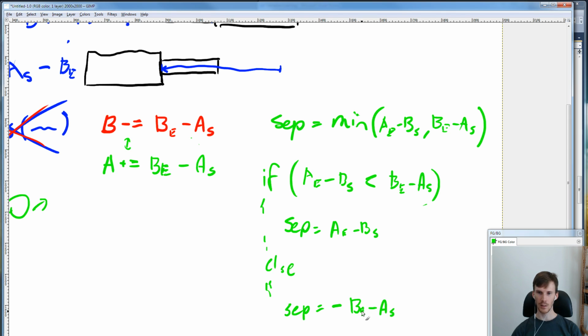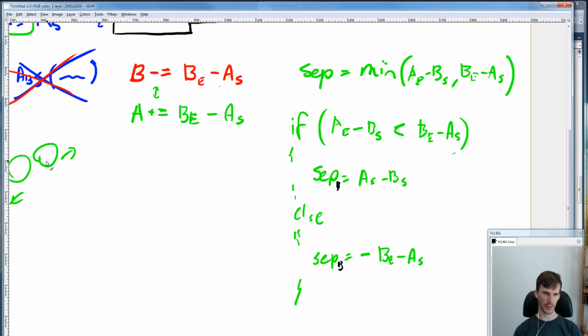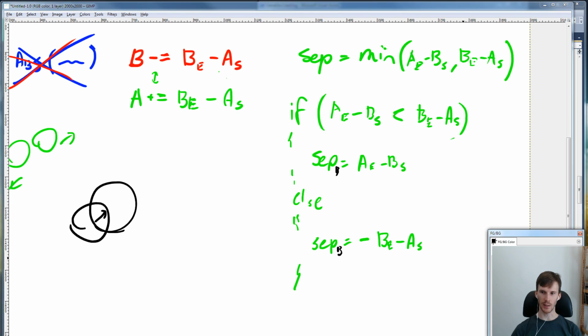And so in all of these cases, this separation that I've drawn here is the separation for B. You recall when we were doing this before with the circles, we always figured out how much to separate B by, that amount there, and then we could divvy it up.